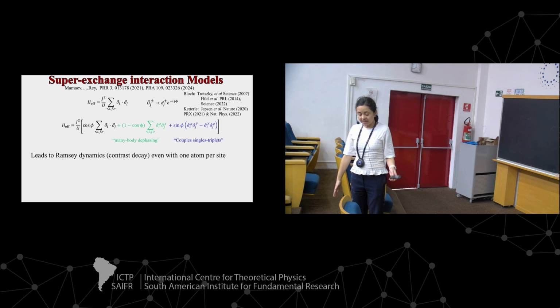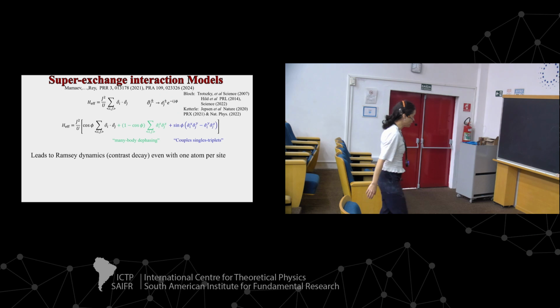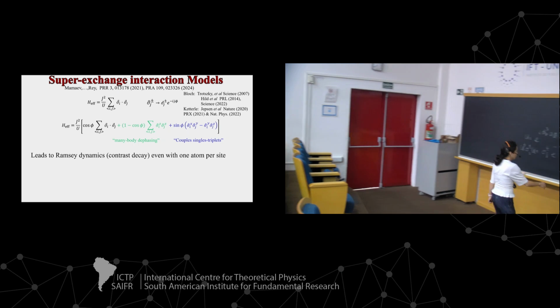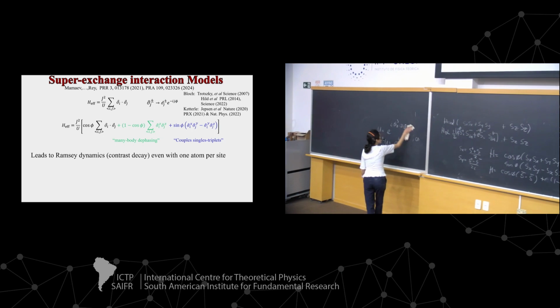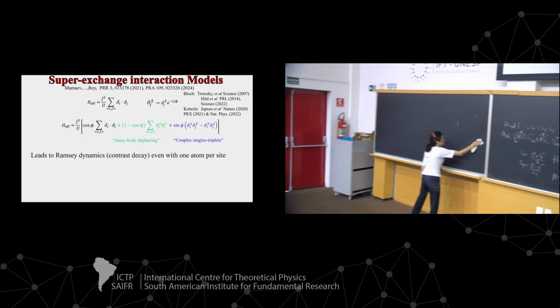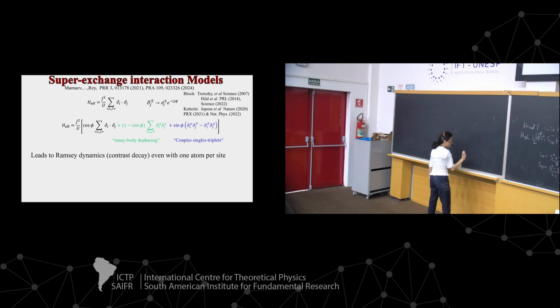What do you think? The protocol that we are going to do, I'm going to remind you, is always Ramsey spectroscopy. Let's imagine that we stick to pi half pulses. I start with all the atoms down, I do a pi half pulse, let the system evolve for some time t, then you can do another pi half pulse and measure population.